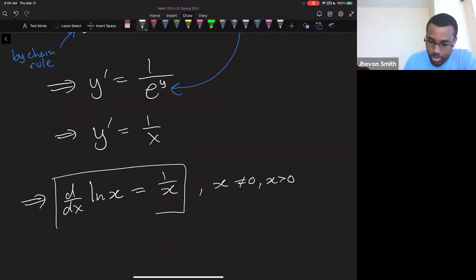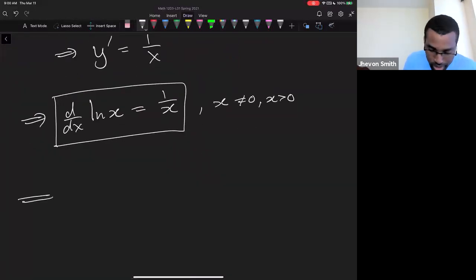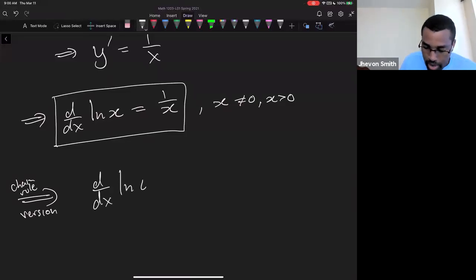So that's a rule. Now, of course, you can memorize that rule, but I would rather you memorize this rule, chain rule version. The derivative of ln of anything is going to be differentiate the outer function, which is 1 over the thing, then multiply by the derivative of the inner function, which is u prime.